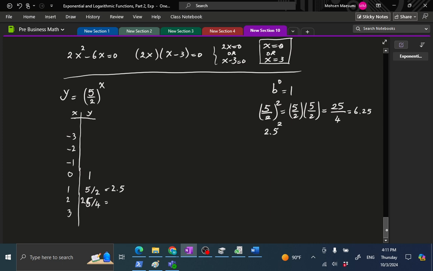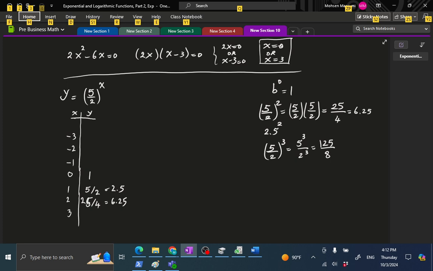Let's write the approximate values of these things. 6.25 to the power of 3. 5 halves cubed is the same as 5 cubed over 2 cubed. So 125 over 8. What is that? We use our calculator at some stage here and get 15.625.